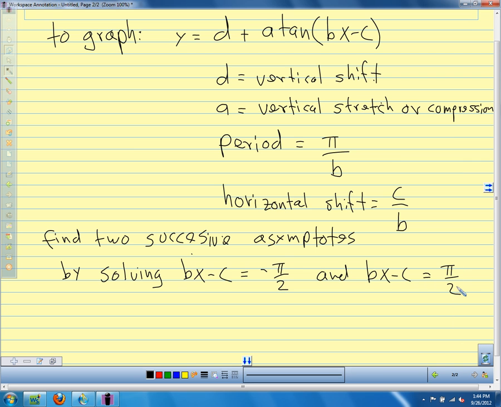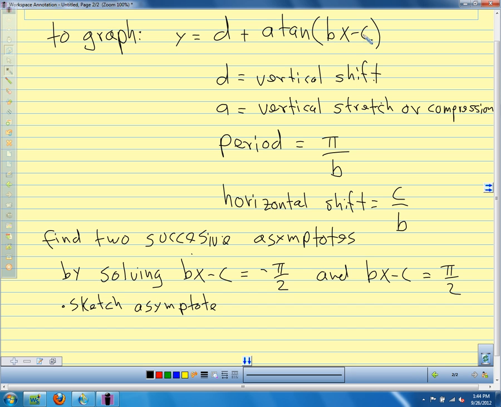That's going to give me the x coordinates of 2 successive asymptotes. So then we can sketch our asymptotes. So we solve these 2 equations.